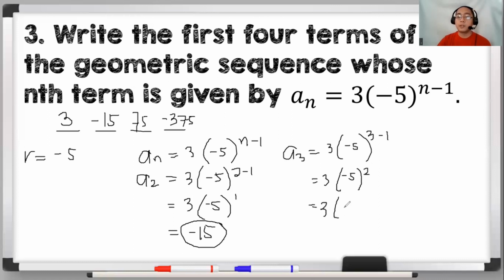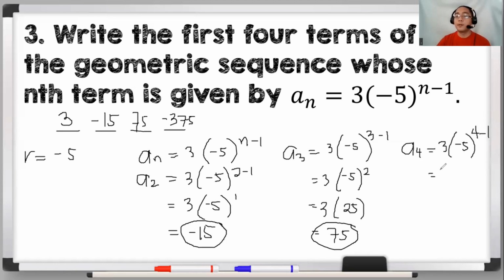So 3 times this, which becomes 25 because negative 5 squared results to positive 25, results to 75. Now, if you observe, yes, still the same. And lastly, for the fourth term, all you need to do is substitute the value of the fourth term, or the value of 4.